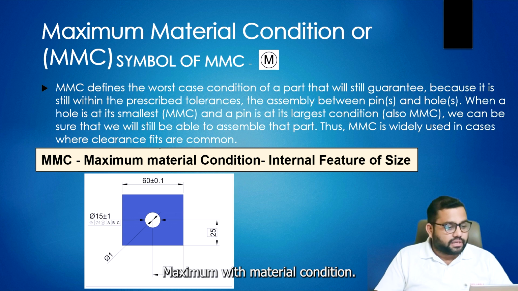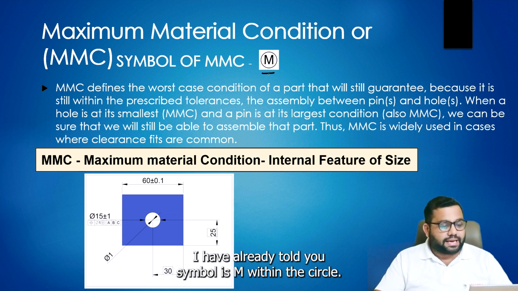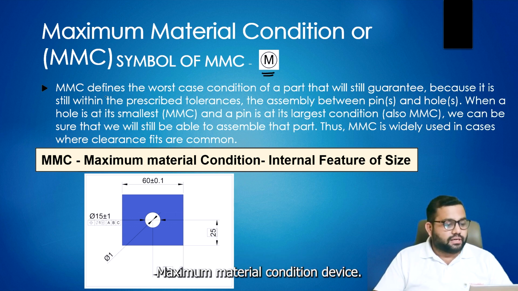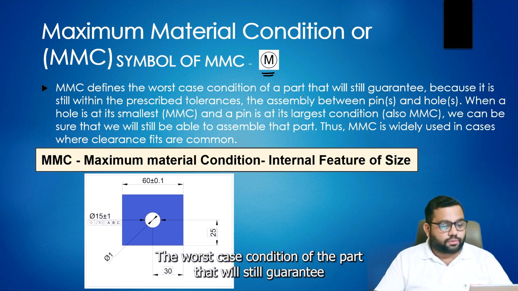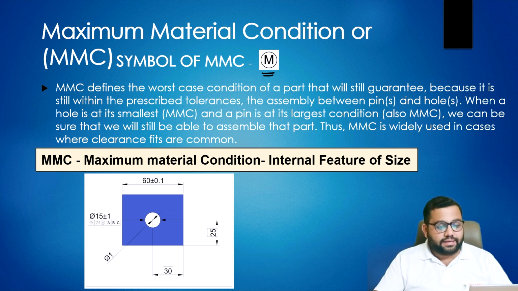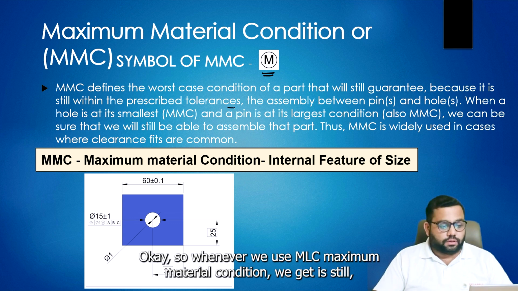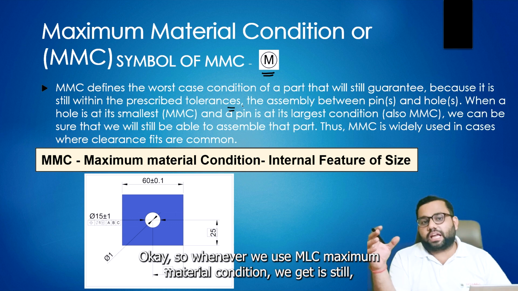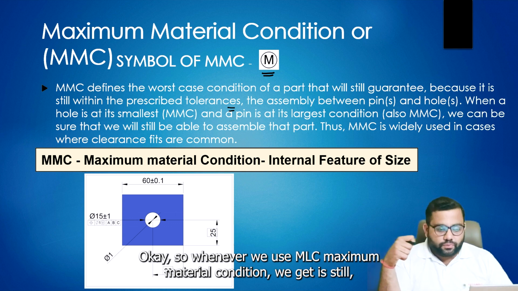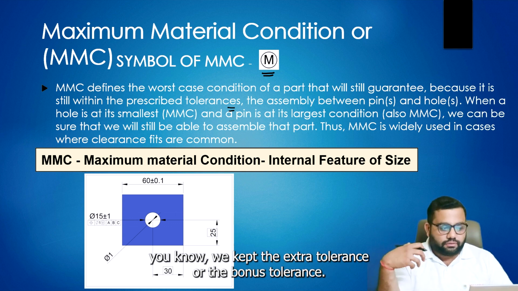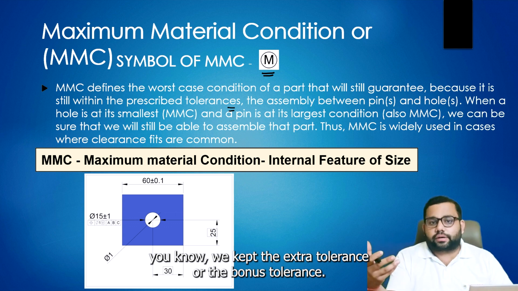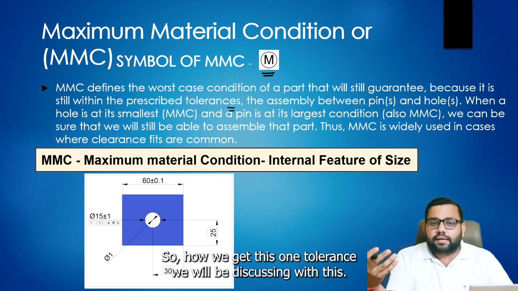The symbol is M within a circle. Maximum material condition defines the worst case condition of the part that will still guarantee it is within the prescribed tolerance. Whenever we use MMC, we still get the extra tolerance, or the bonus tolerance. How we get this bonus tolerance, we will discuss.